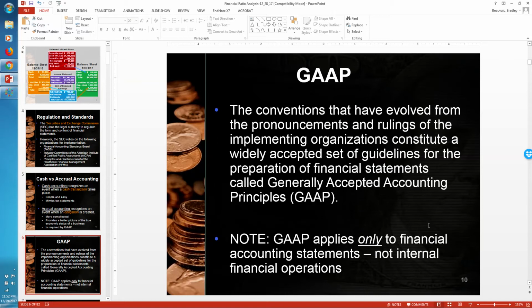So as we talk about GAAP, all we're really interested in, though, with GAAP is when we report to the public. Okay, so oftentimes you will see a lot of financial reports generated by an organization that do not leave the organization. They're purely internal. They're basically used by the organization for internal decision making. Those statements do not need to adhere to GAAP.